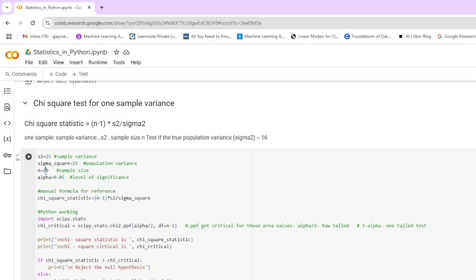So let me give 1 minus alpha to check if there is a difference between the two values.